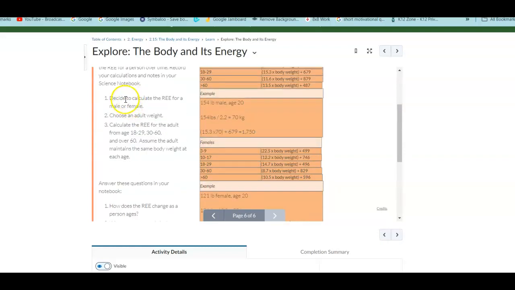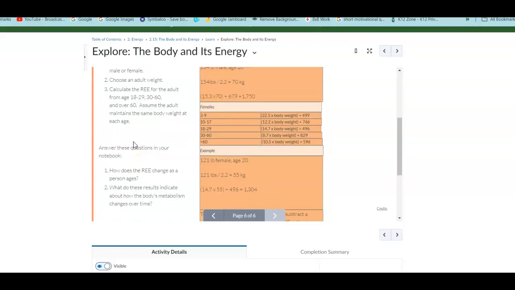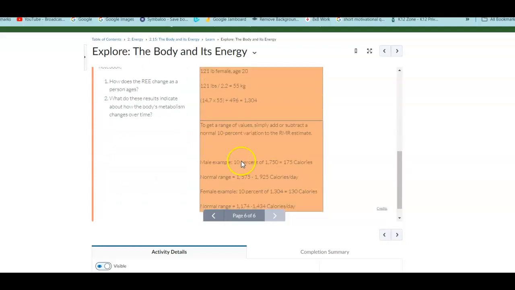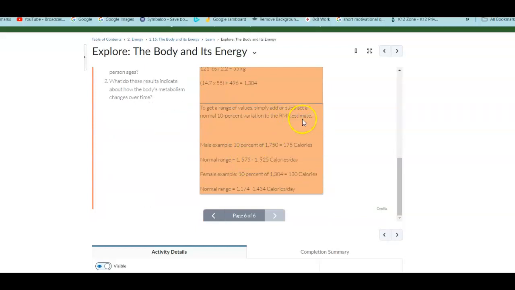It tells you exactly what to do here: choose male or female, choose a weight, and then calculate the resting energy expenditure for these age groups. So three different calculations. And if you take a look at these numbers down here to get the RMR estimate, you're able to do that math. So you'll have that example as well.